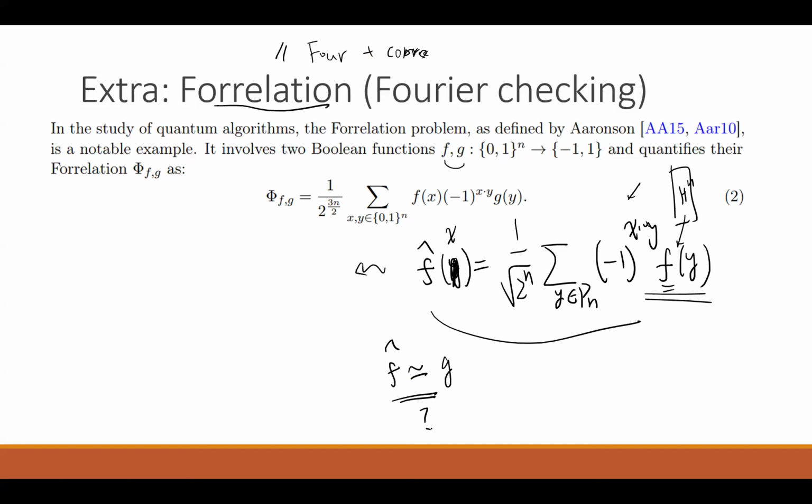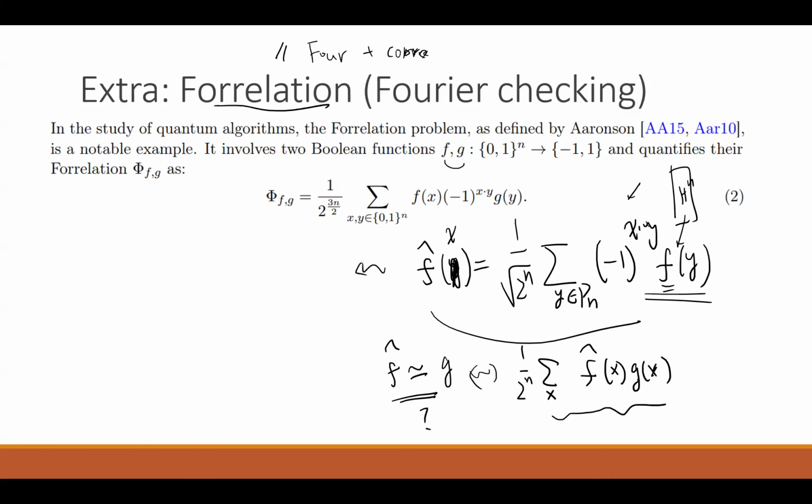This is the intuition behind it. But how do you calculate this? Basically it is an inner product. I want to ask whether f hat and g are similar, so I can just calculate the sum over x of f hat of x times g of x, divided by 2 to the n.